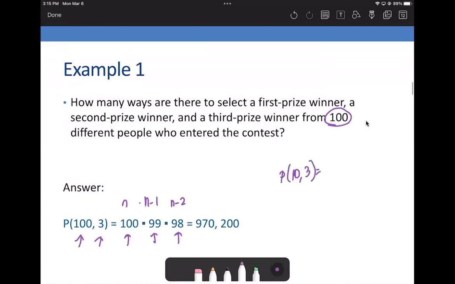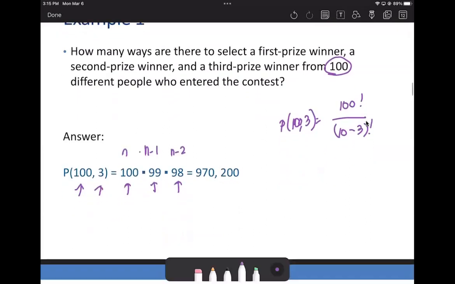So when we use the formula naman, so that is basically the P of 100 given R. So that will be 100 factorial divided by 100 minus 3 factorial, correct? So that will have 100 times 99 times 98 times 97 factorial divided by, so 100 minus 3 factorial is 97 factorial.